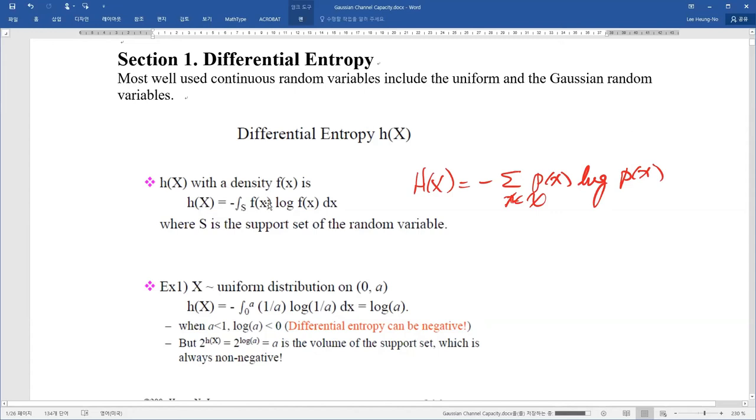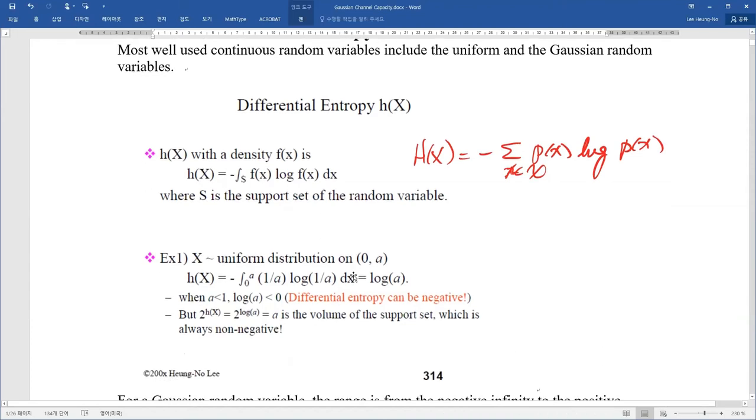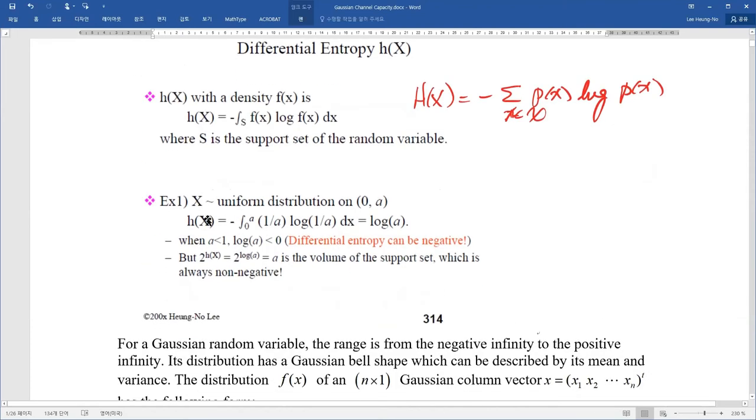Okay, so that's the definition of differential entropy. And let's take a look at an example. Uniform distribution over the interval from 0 to a.